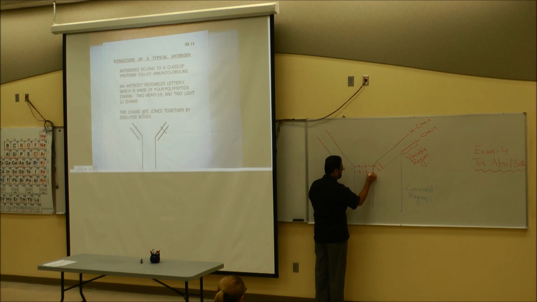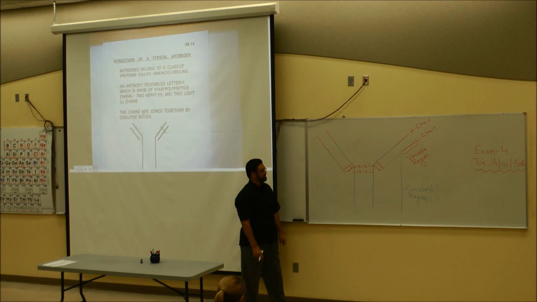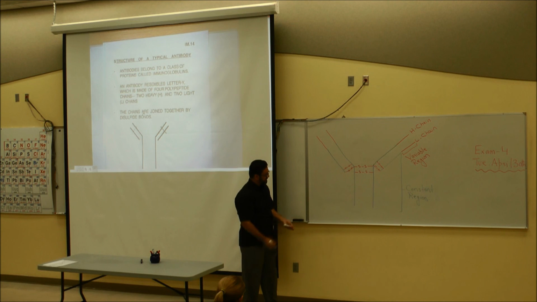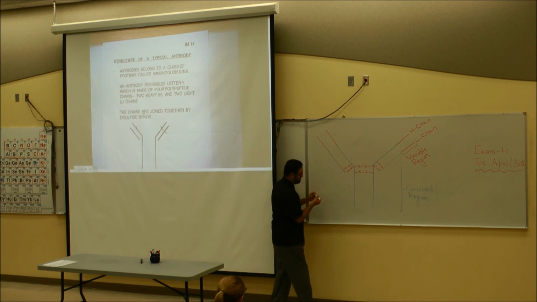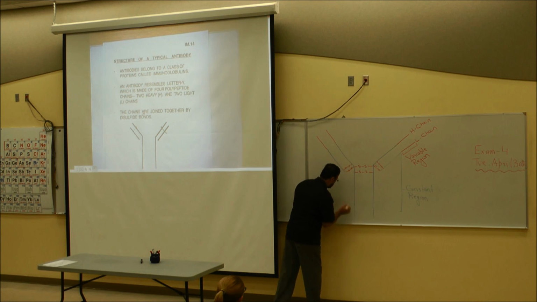Sulfur, sulfur, sulfur, sulfur. That's the typical structure of an antibody. Two small chains, two heavy chains, and disulfide bonds.